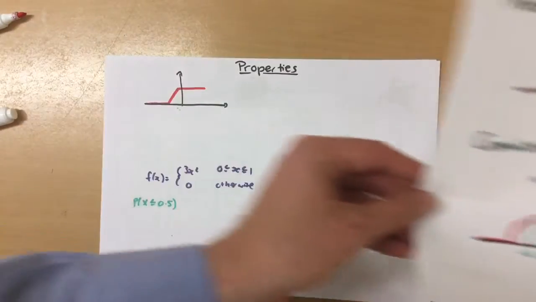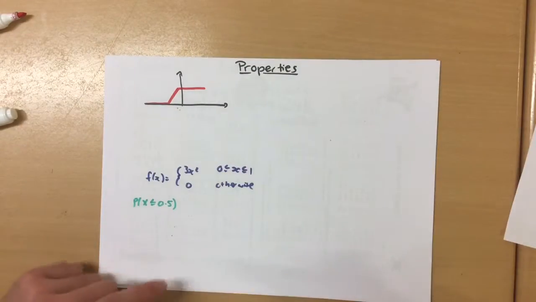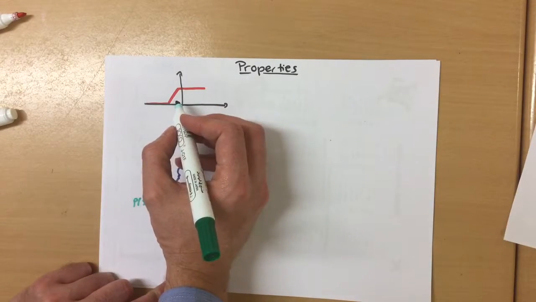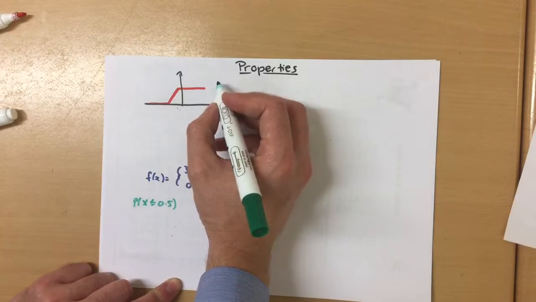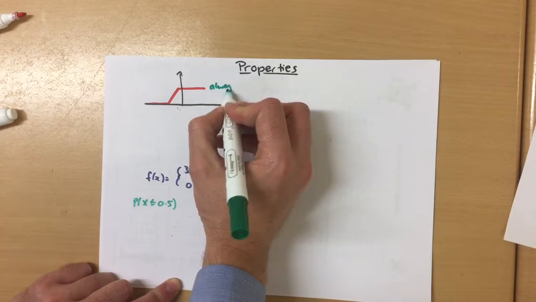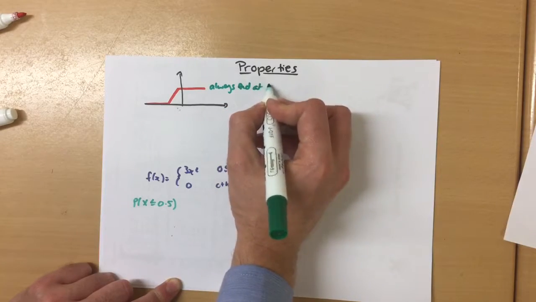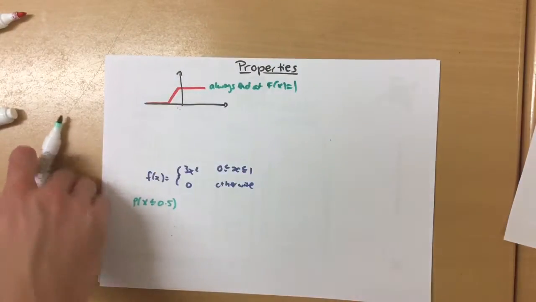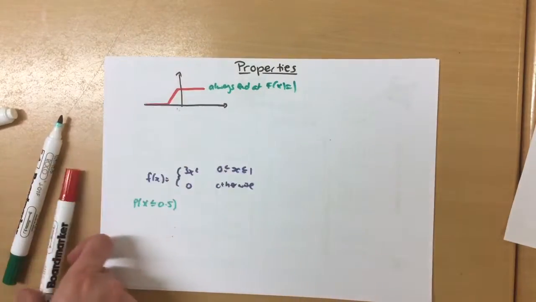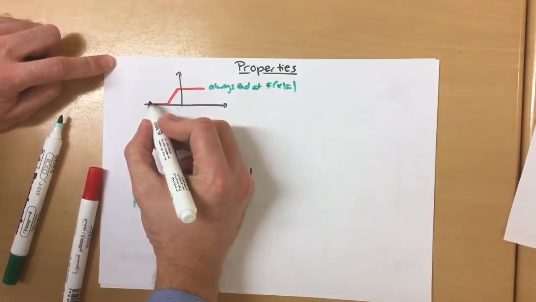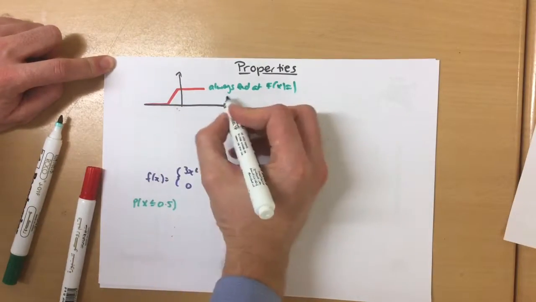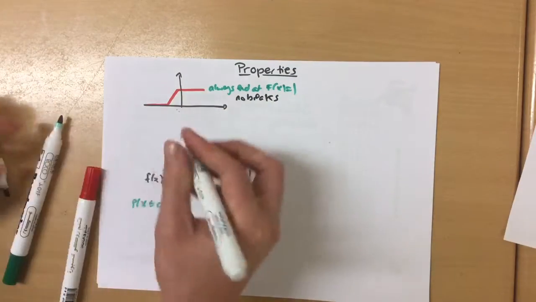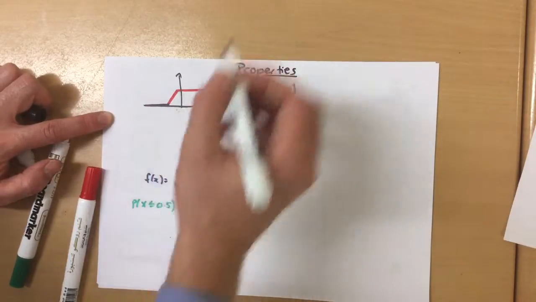Let's look at a couple of properties. The first one being that this graph will always end at 1, because it's a summation thing, they all add up to 1. That the line has no breaks in it. Okay, it's a continuous solid line, so there's no breaks, and that there is no downward bits.